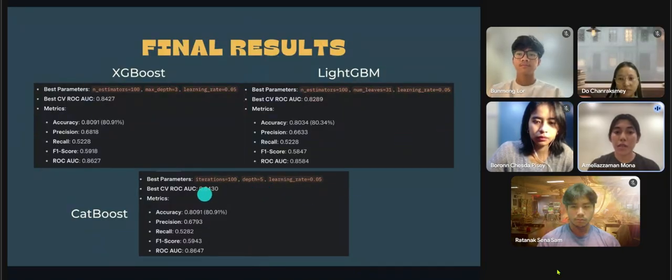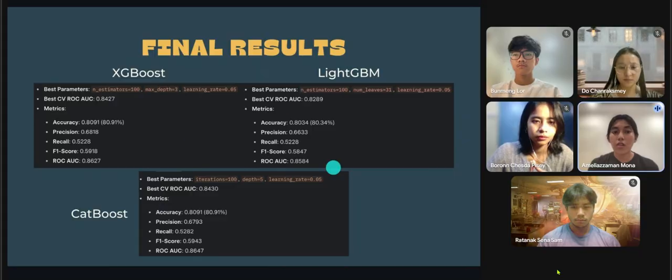For CatBoost, the best parameters are iterations equal to 100, depth equal to 5, and learning rate equal to 0.05. All three models have CV ROC AUC ranging from around 82% to 84%.